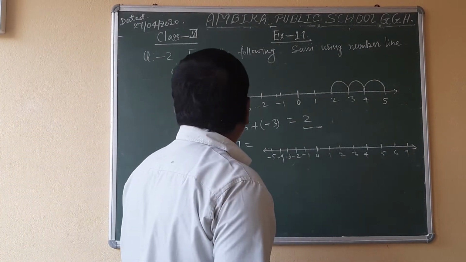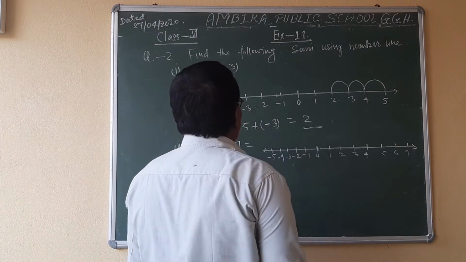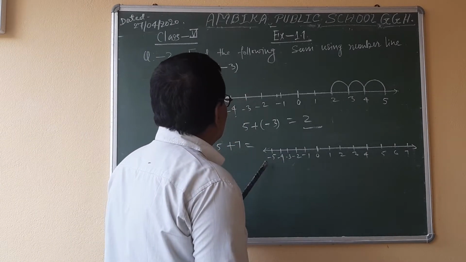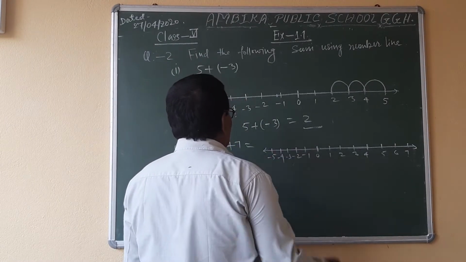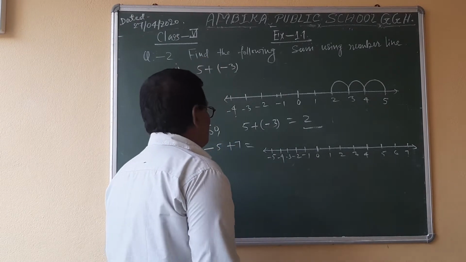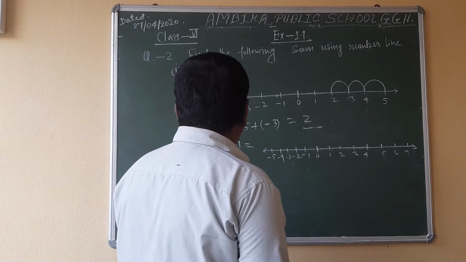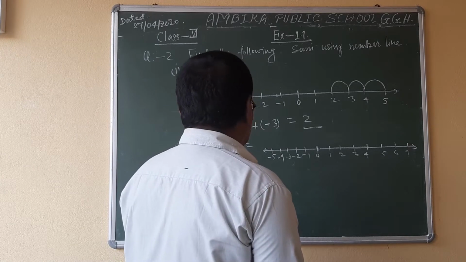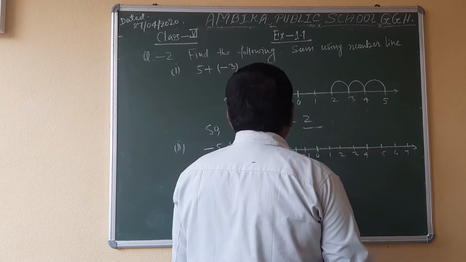Now starting from point minus 5, we move 7 steps to the right.